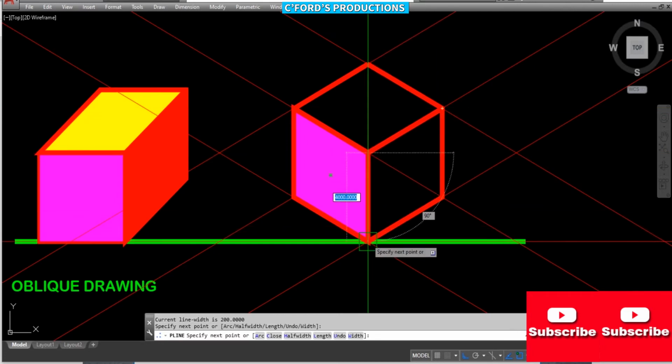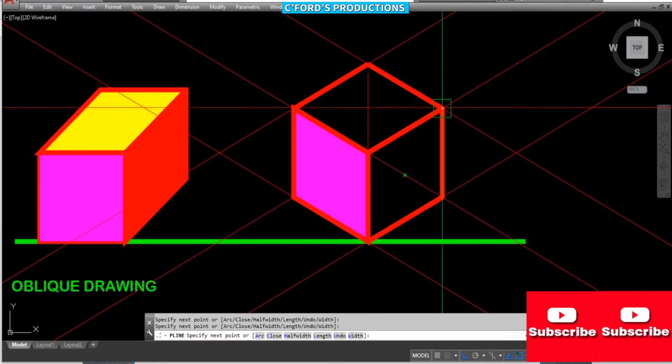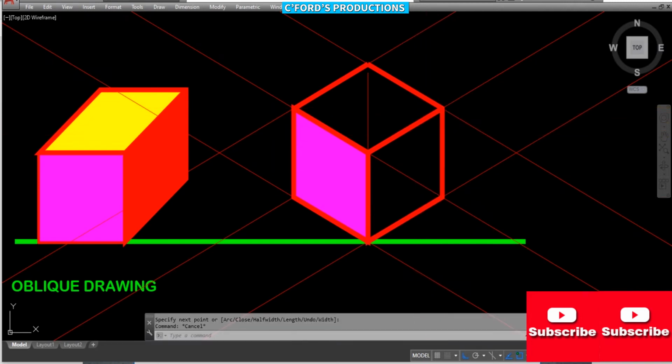And also this area is the right side view.